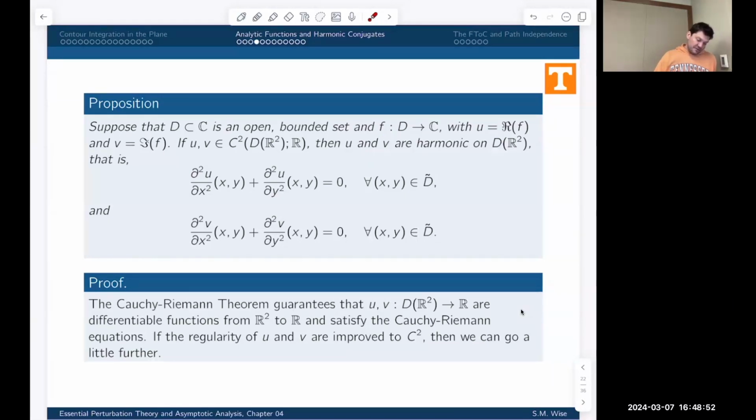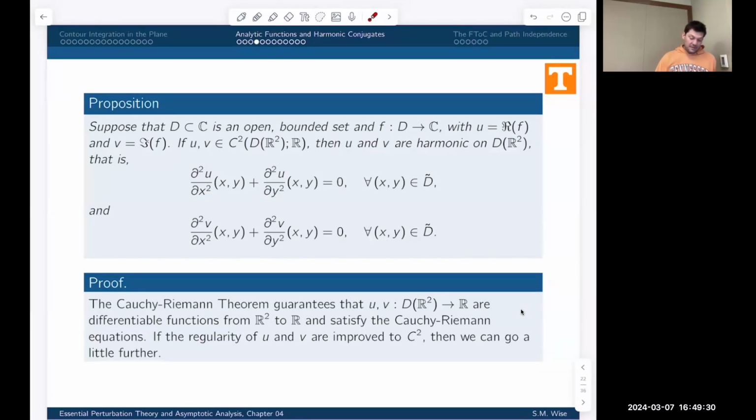So suppose that D is an open set and F is a function. I thought maybe I should say that F is analytic, but let's see. Suppose that F has the real part U and the imaginary part V. If U and V are C2 functions, then U and V are harmonic on D, the realification set DR. What we mean by a harmonic function is that if you take the second derivative with respect to X plus the second derivative with respect to Y, you get 0.